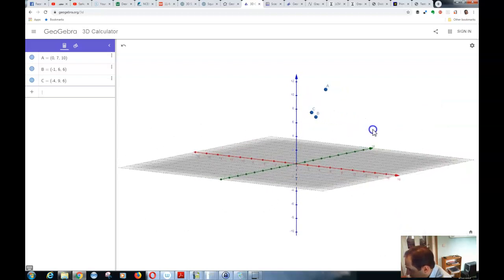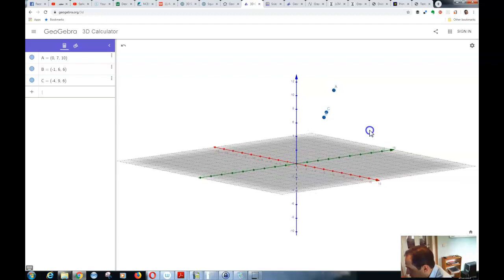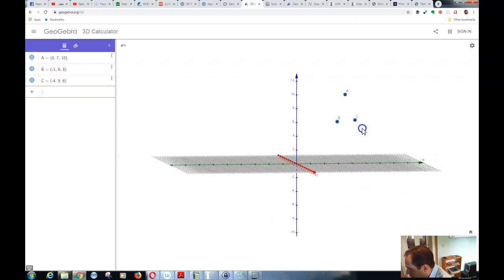probably I can see a triangle in this plane. From here, all 3 points are along the same plane, which means from this viewpoint it's not going to be a triangle.